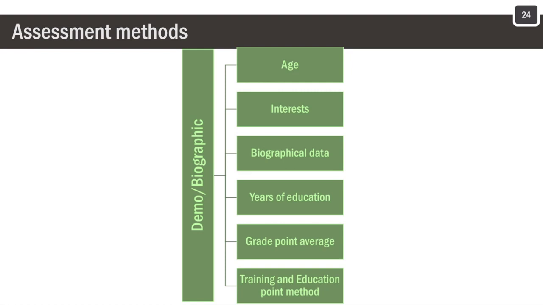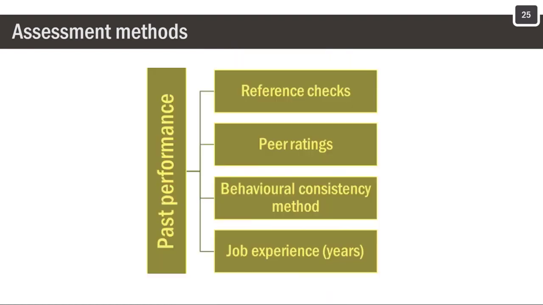There's usually no attempt to evaluate past achievements, accomplishments, or job performance. Now, there are also assessment methods that try to tap into past performance. These are basically reports on the candidate from different sources. References is an example of just such a past performance assessment method. Then there are peer ratings. Peer ratings are evaluations of performance or potential made by one's co-workers.